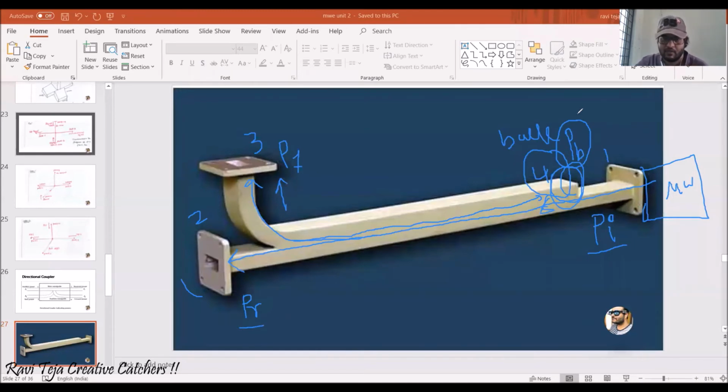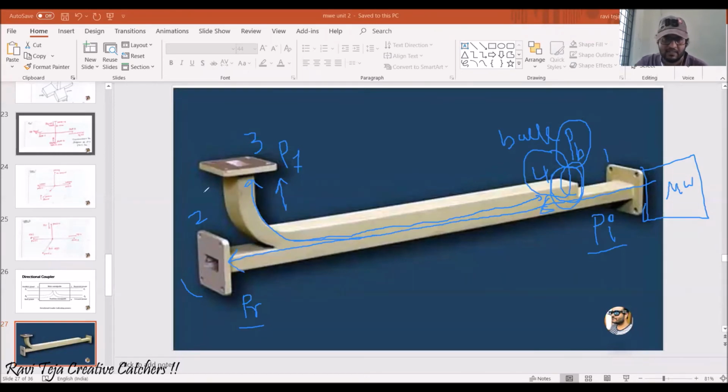So a directional coupler is always made of two rectangular waveguides, where one waveguide is a straight line and one waveguide is bent. Each waveguide will have 2 ports. That's why a directional coupler has 4 ports. Mostly in real time scenarios, the back power port will be closed.